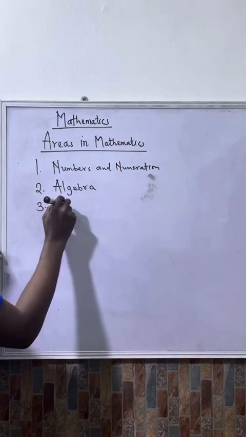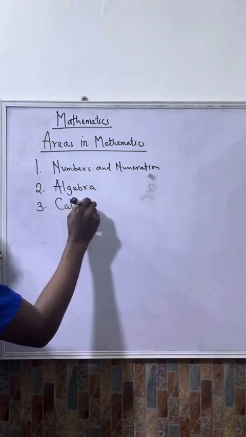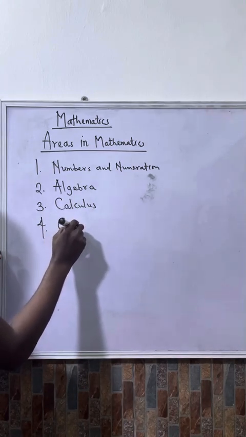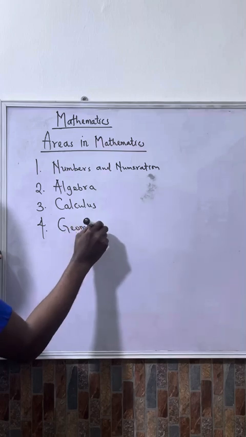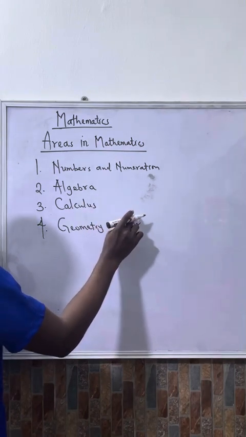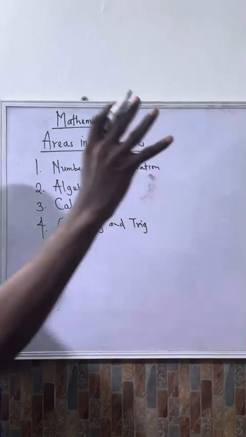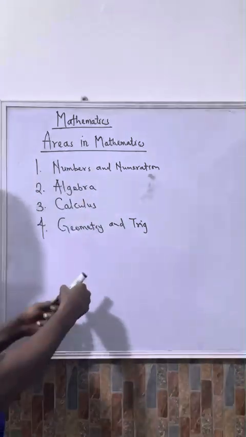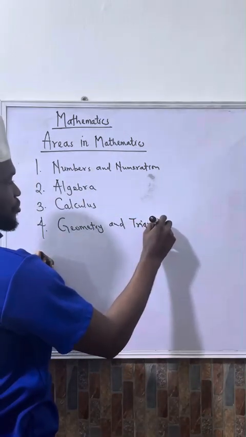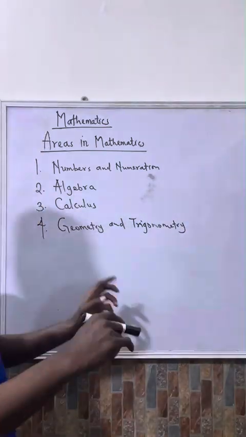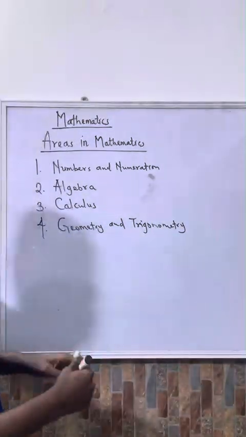Thirdly, calculus. Next, geometry. Under this, we also have what we call trigonometry. Geometry is the wide branch, and trigonometry is under geometry. Trigonometry only deals with triangles, but geometry deals with all shapes.